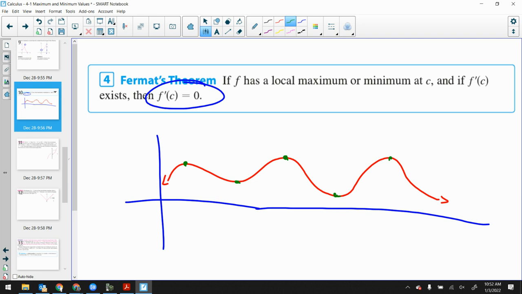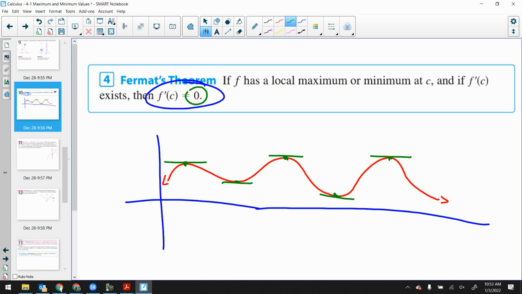And it looks like it might bottom out again, but we don't know that for sure. Now, take a look at what the slope of the tangent line would be at all of those points. What's happening at all of those peaks and valleys? The tangent line ends up being horizontal. What's the slope of any horizontal line?